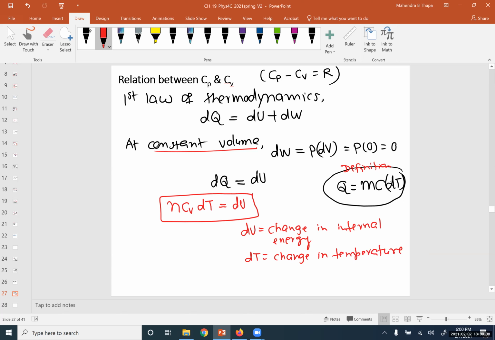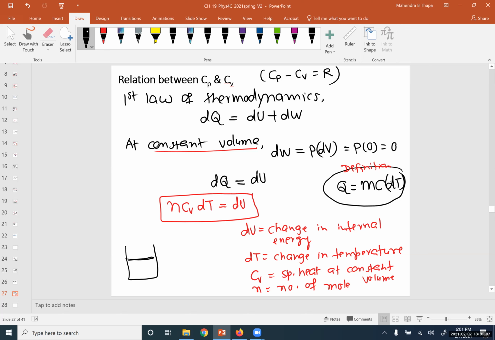This Cv is the specific heat at constant volume, and in this equation n is the number of moles, how many moles of gas we have taken in the cylinder. So in this situation, we are keeping the cylinder fixed, then we are heating at constant volume, so all the heat supplied will be used to increase the internal energy.